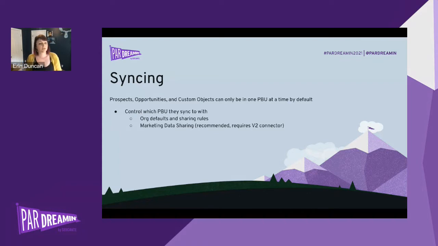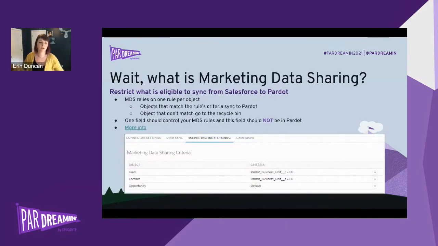The other option is to use marketing data sharing. This is definitely what I recommend. It does require the V2 connector. And if you're not familiar with marketing data sharing, it essentially restricts what can sync between Salesforce and Pardot based off of criteria. So you create one field in your Salesforce instance that controls your marketing data sharing syncing.